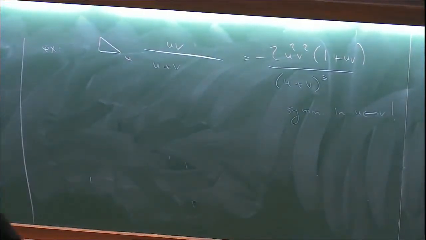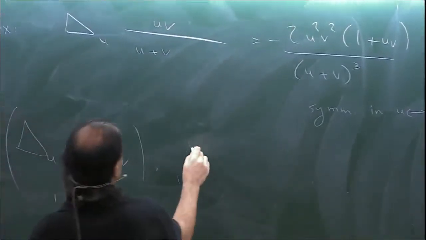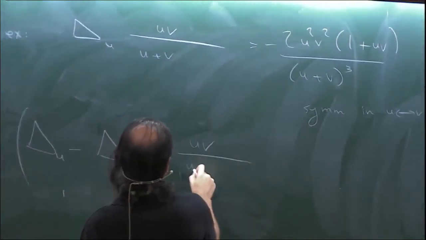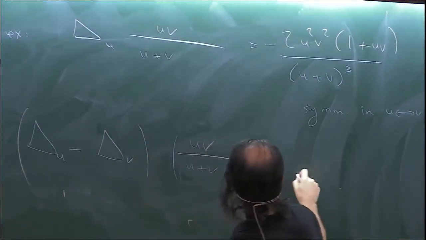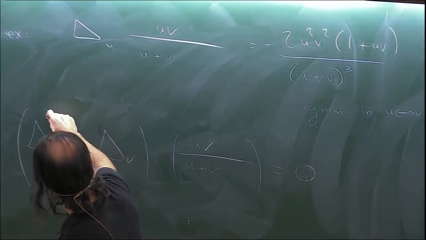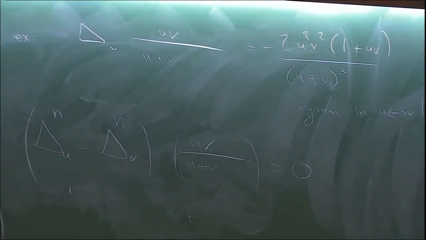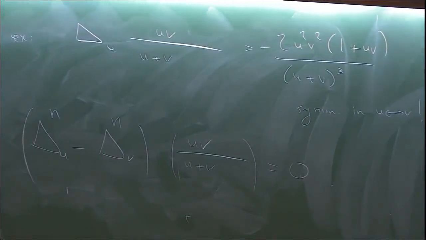Quite beautifully, delta_U minus delta_V annihilates UV over U plus V. That's slightly non-trivial. Because of that, so does this for any power, because the operators commute, and I can just factor out delta_U minus delta_V times a sum of other stuff. So to all orders in the effective field theory expansion, we have perfect consistency.